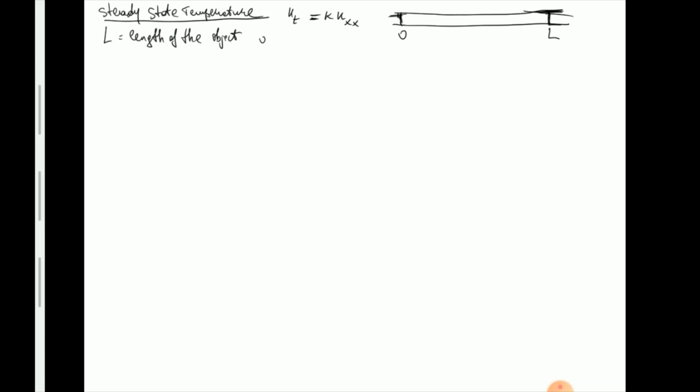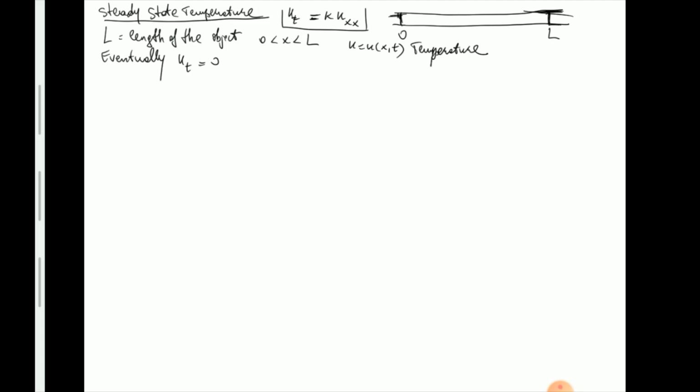So therefore, x is between 0 and L. And normally the temperature depends on x and t. But remember, in the steady state case, we assume that eventually u_t is equal to 0.